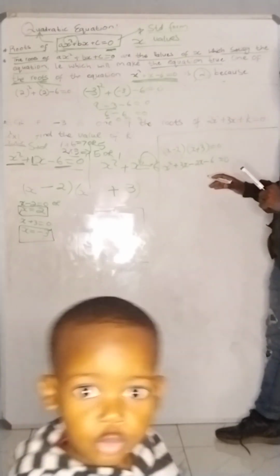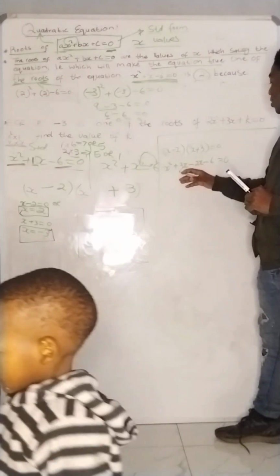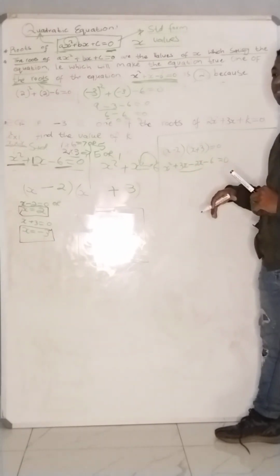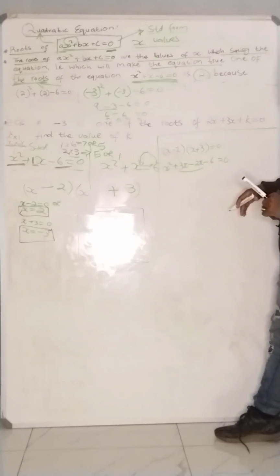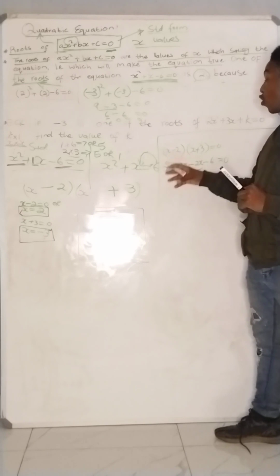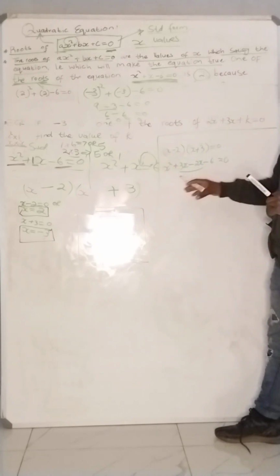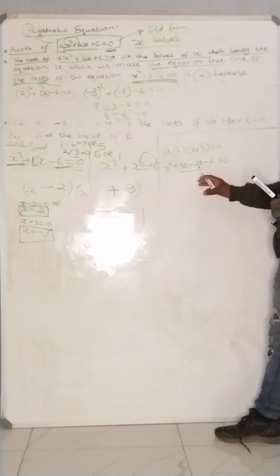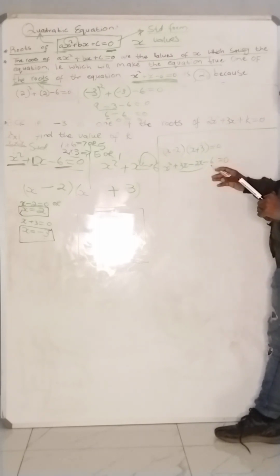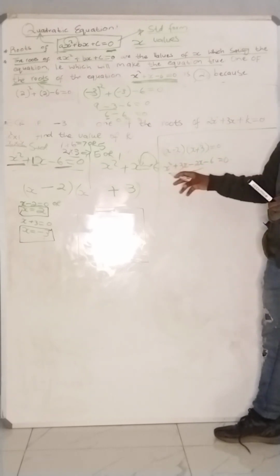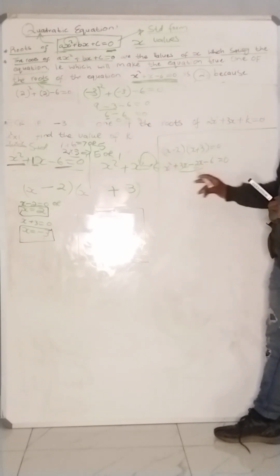So at this stage, you are going to add your like terms. So you have only one x squared, but you have 2 x terms. So this term looks like itself and it doesn't have a friend. This one doesn't have a friend, but this one has a friend.